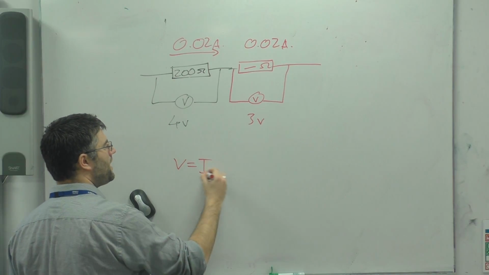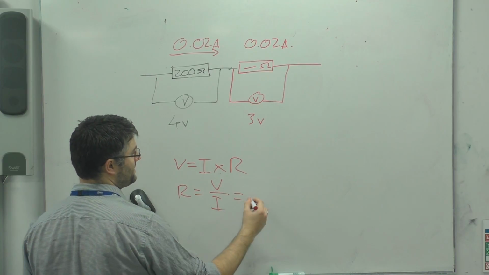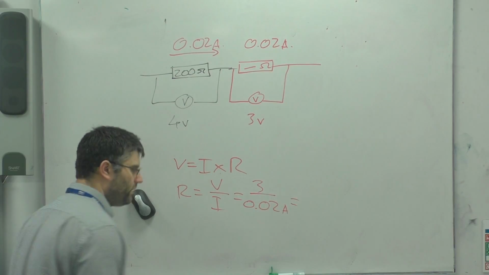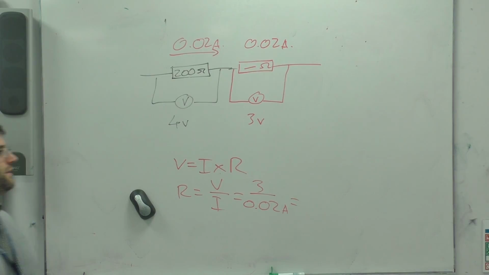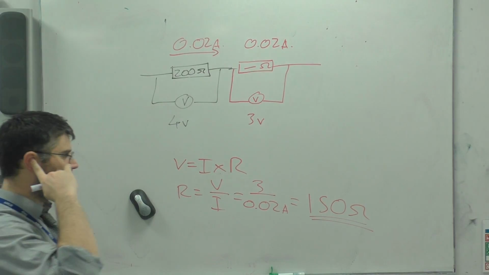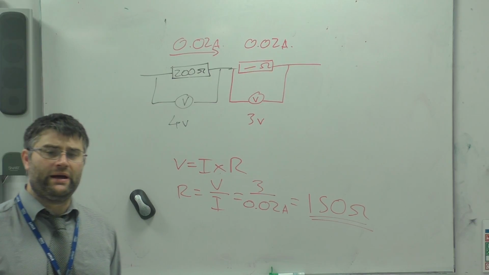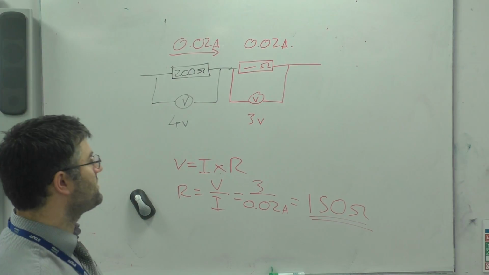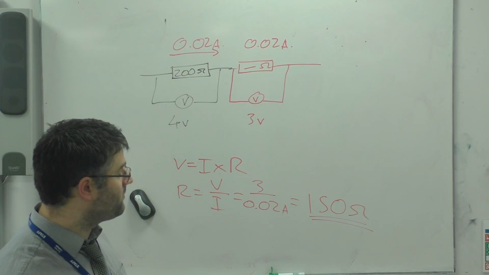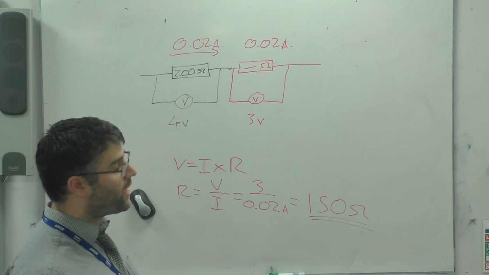So if V is equal to I times R, that means that R is equal to V over I, which in this case is 3 volts over 0.02 amps, which should give you a nice value of 150 ohms when you work that out. So do you see what I mean by whole branch and individual components? So we're applying Ohm's law based on what we understand from circuits and essentially Kirchhoff's first law, which is the conservation of charge here.